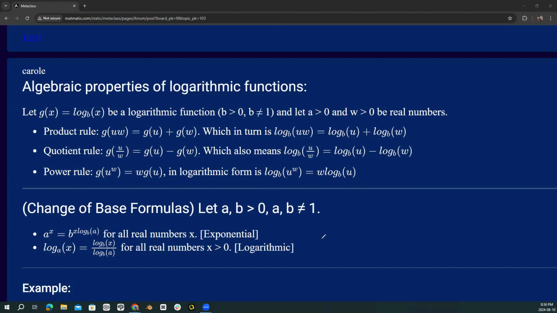Okay, so let me write log 2, 3. Here we have our logarithmic function before the change of base formula. So we can just convert this into log.